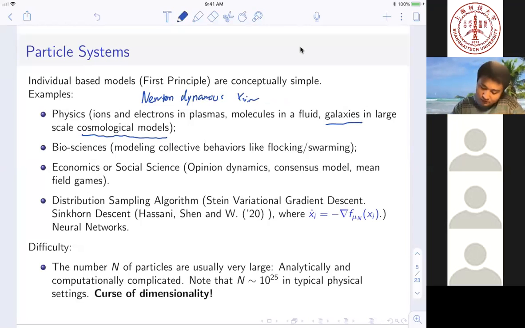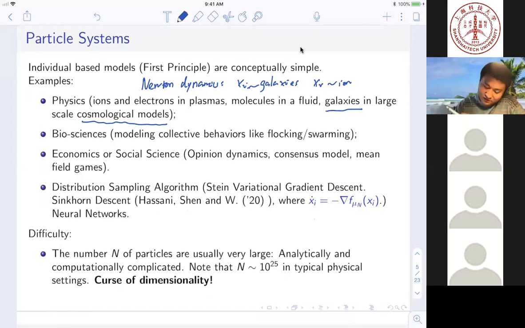So it's a very large scale; our galaxy can be one particle. So it's a large scale cosmological model. Of course, in plasmas, this can be one ion or electron. But these are very reduced models. If we want to study the plasma in a tokamak, this is a far reduced model, so it's really not realistic. This is the first step. But this is Newton dynamics.